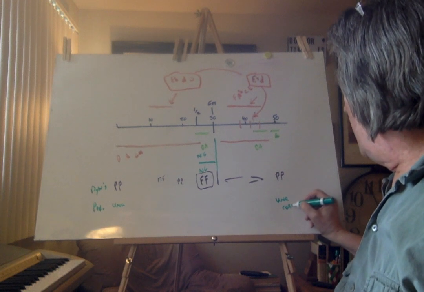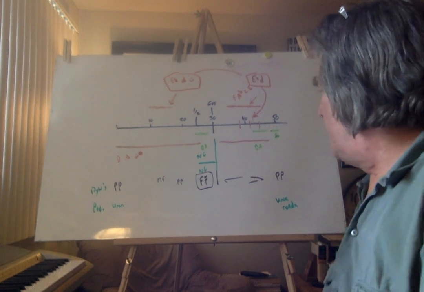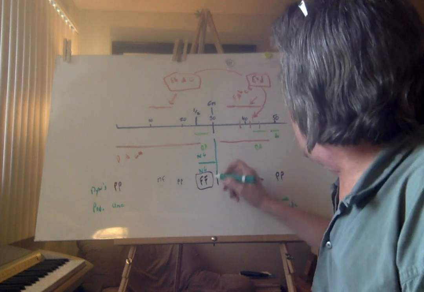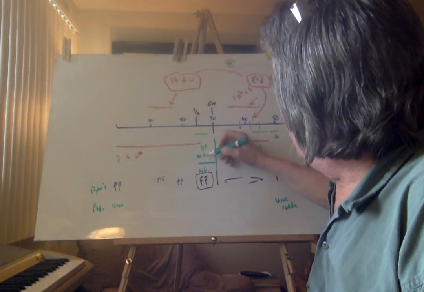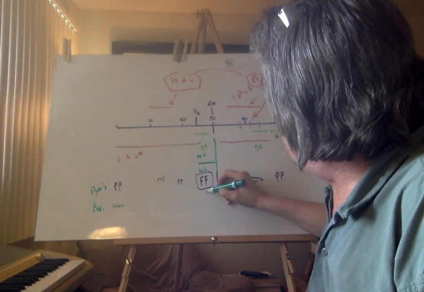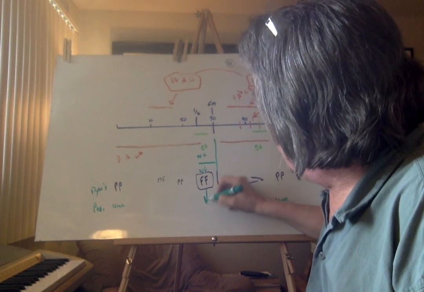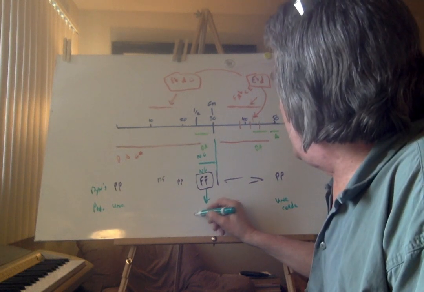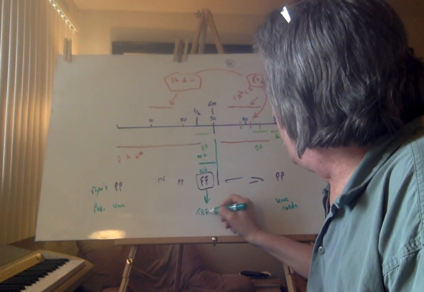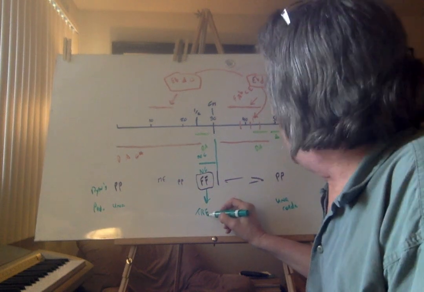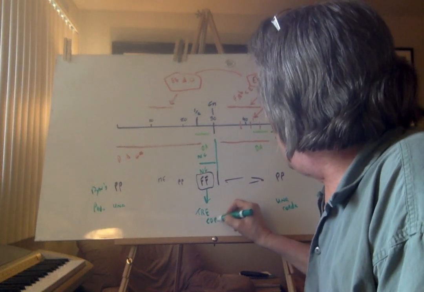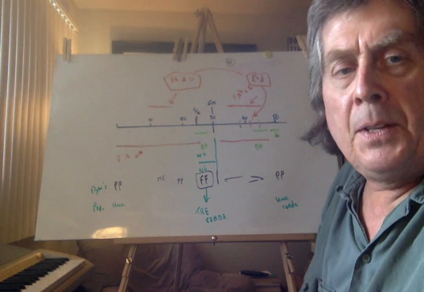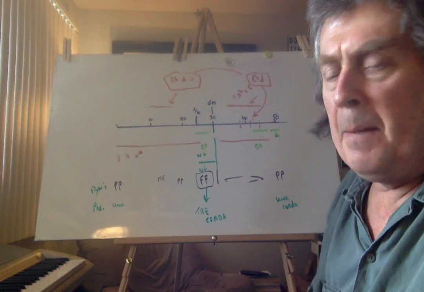The una corda pedal is called for, but right where this thing is, right at the golden mean, the pedal indication immediately goes to tricorda, or three strings, which helps amplify the loud dynamic.